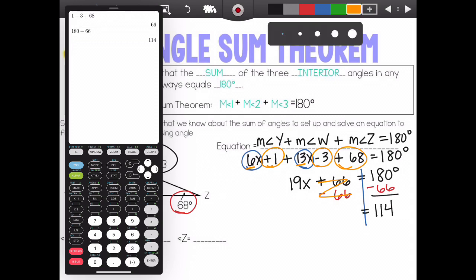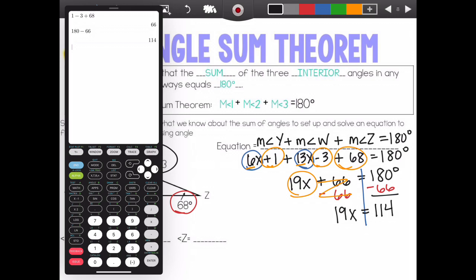On the left side, I'm just left with this 19x. And again, to get x by itself, I need to divide by the coefficient, and in this case that is 19.